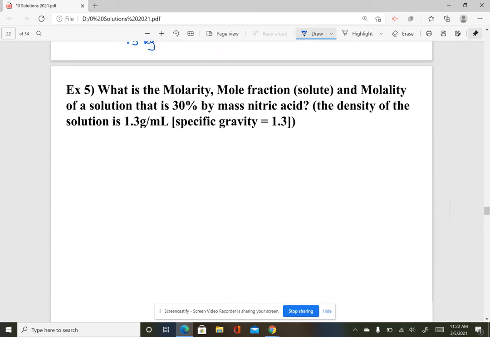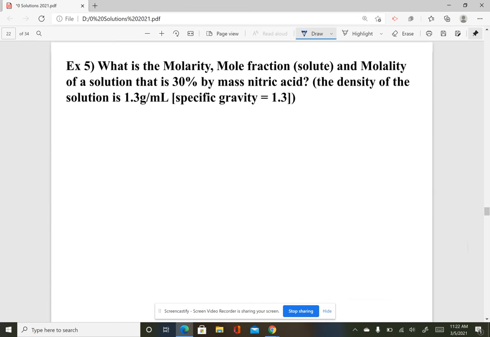All right, guys, last example. And this is the toughest kind of question, where they give us the percent by mass of the solute, and they're giving us the specific gravity, which is the same thing as the density.